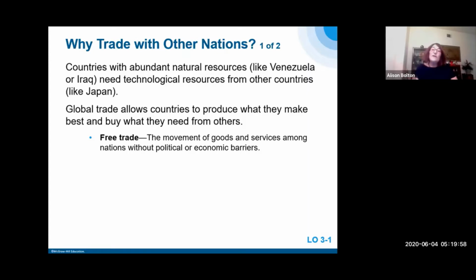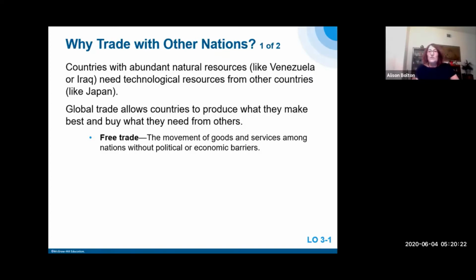This is what we come to understand as free trade, where services and products go back and forth without political and economic barriers. Now, we have trade compliance requirements, and there are times when embargoes are imposed. We'll get into that more in the legal end of things.